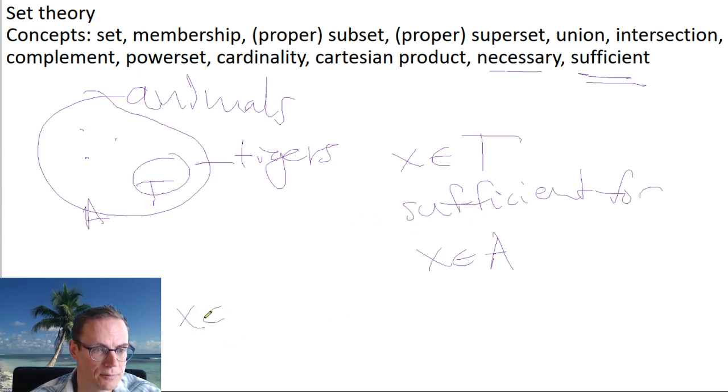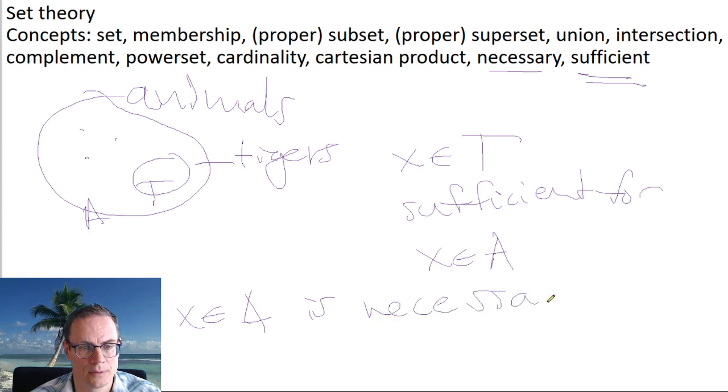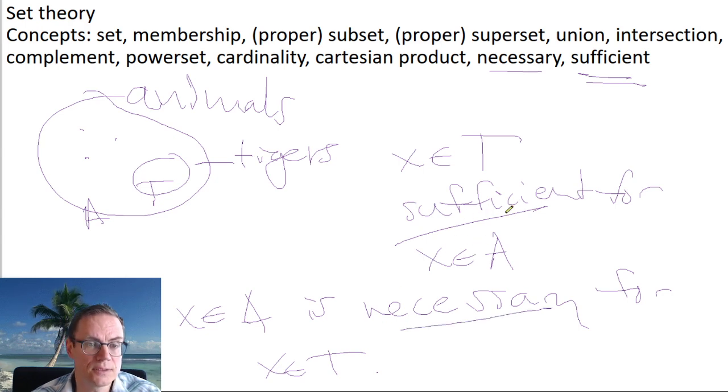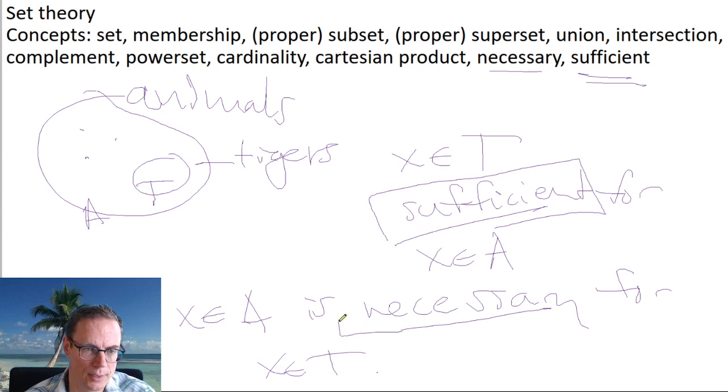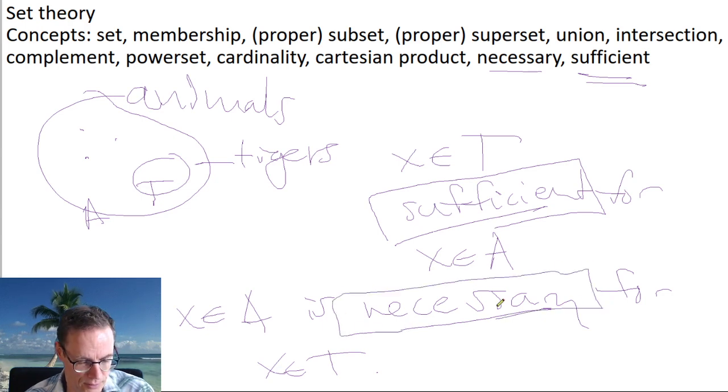But being an element of A is necessary for being an element of T. Something cannot be in T without being in A. All right, so you can explain these notions of sufficient, or enough, and necessary, needed, very easily using set theory and Venn diagrams. And these words will occur again and again in philosophy and logic, so it's handy to know those words.